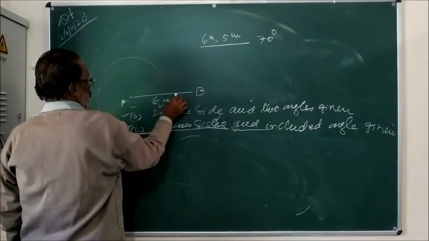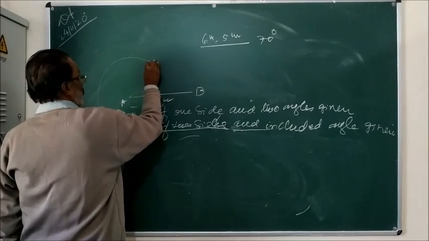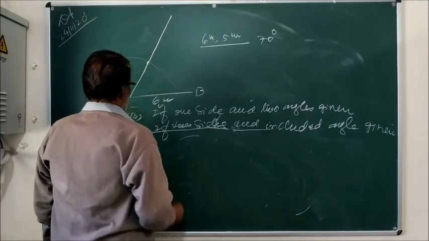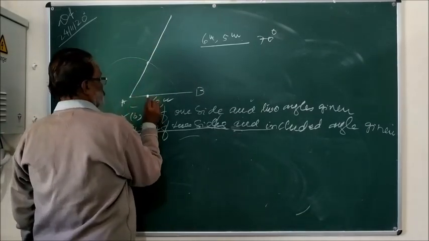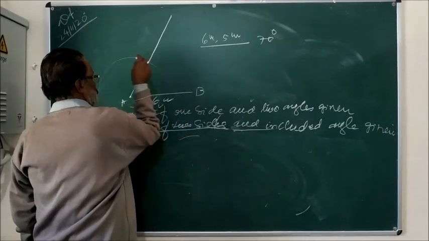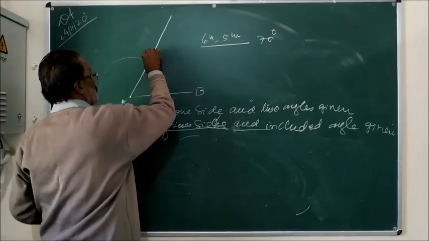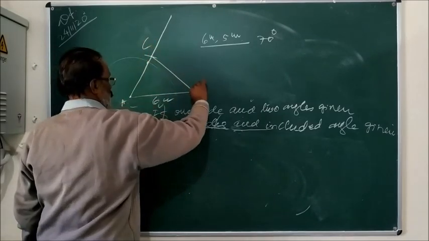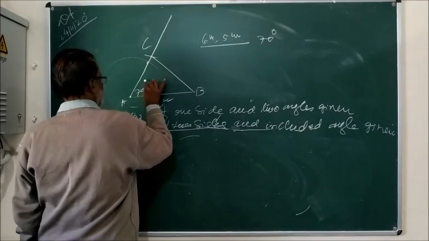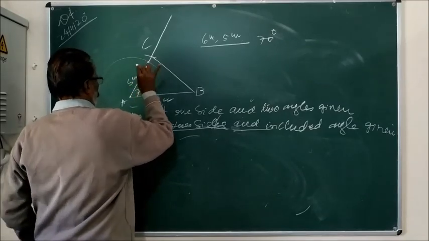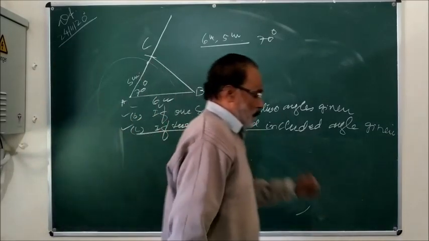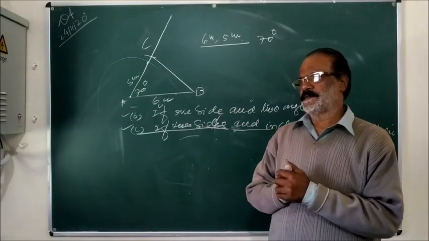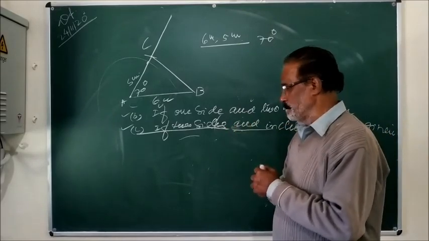You put your protractor, measure the angle, this will be 70 degrees. This side is 6 cm, so this will be 5 cm. You measure with the scale, this will be 5. You take the point C and you join. So this will be 70 degrees, and this is 5 cm. So these are the constructions of this practical geometry.